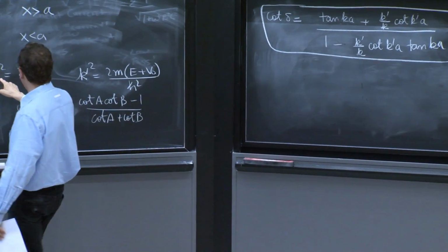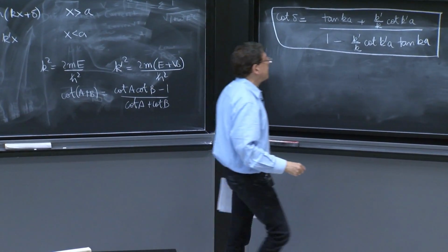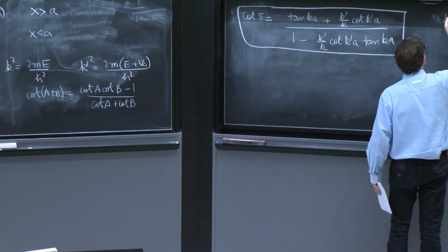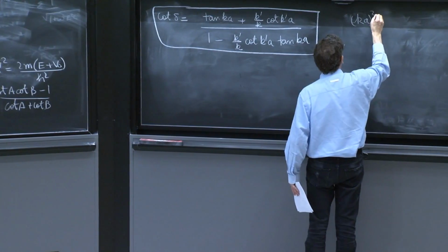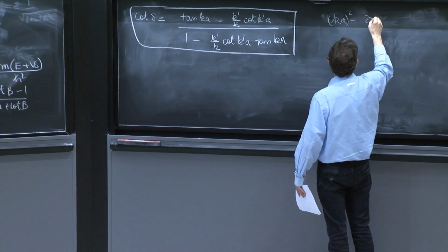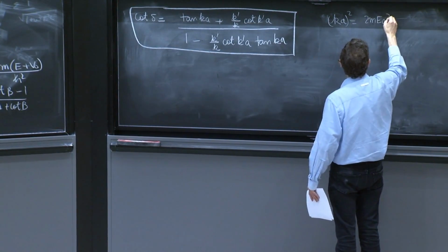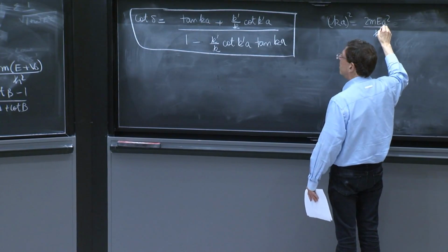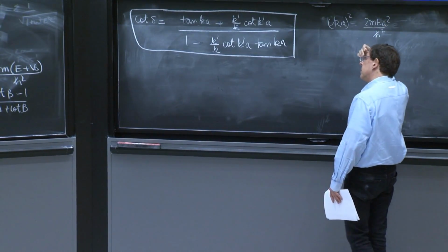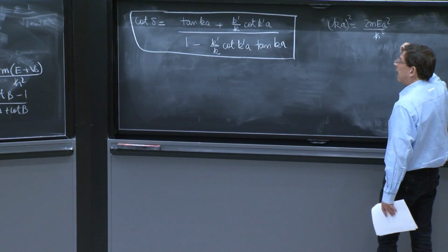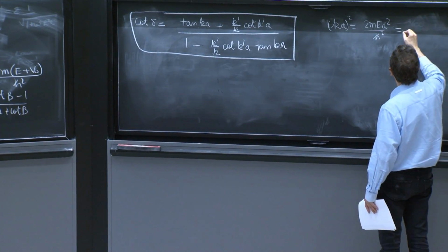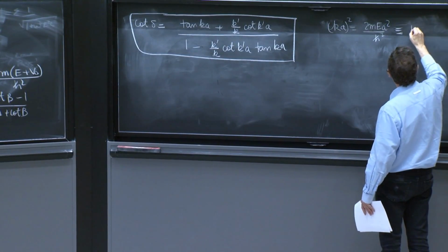Well, ka is a proxy for the energy, so ka squared is really 2mE a squared over h bar squared. And this we could call anything. Well, let's call it u.